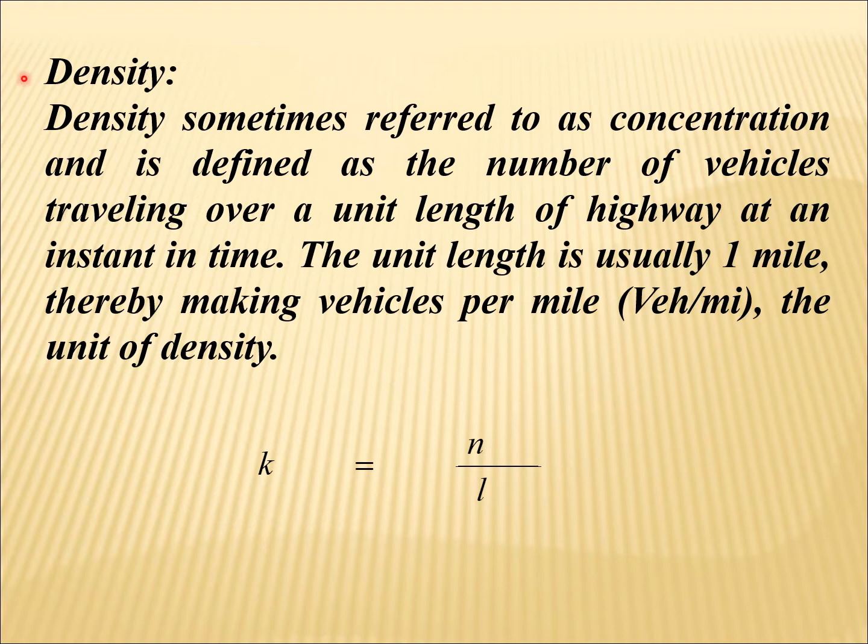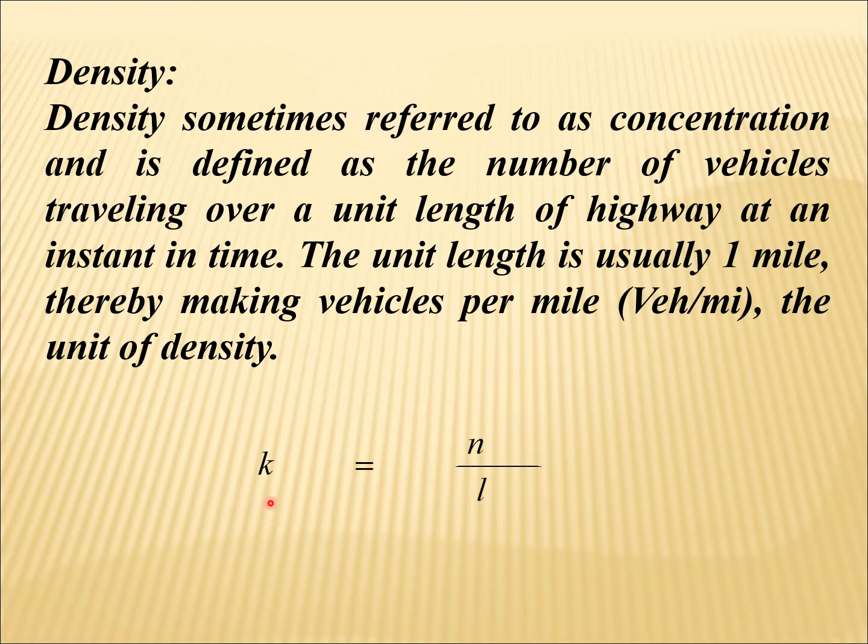Now look at the term density. Density is sometimes referred to as concentration and is defined as the number of vehicles traveling over a unit length of highway at an instant in time. The unit length is usually 1 mile, thereby making vehicles per mile the units of density.